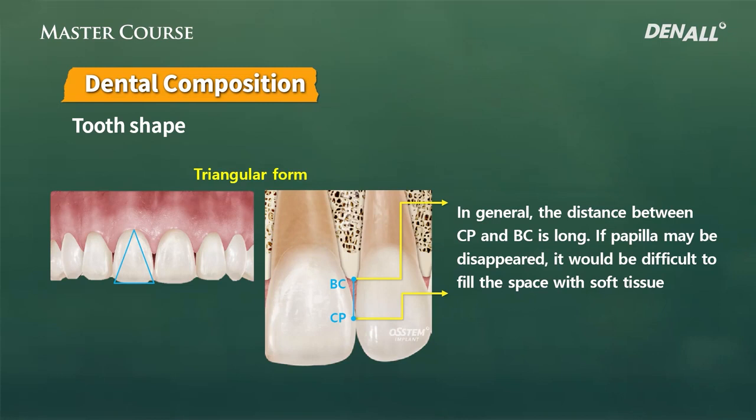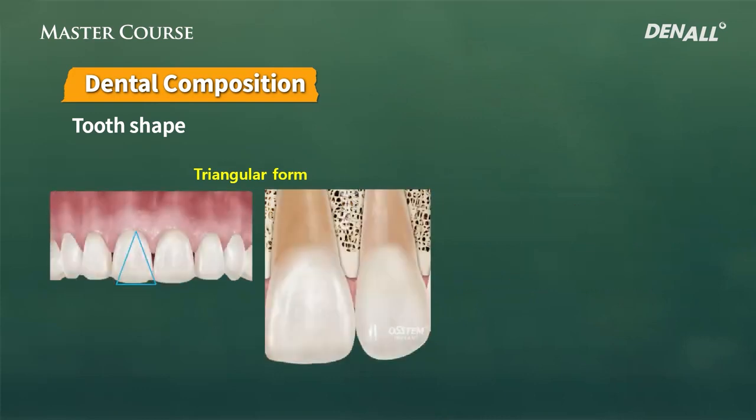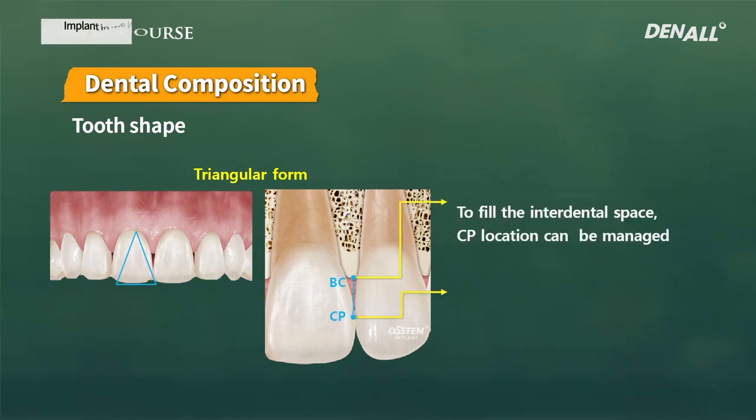So for the triangular shape of teeth, in terms of the relation between the teeth and gingiva, it is important to prevent perio disease. In this case, the contact point can be managed to be brought up or down using prosthodontic technique so that the embrasure part below the contact point, the interdental papilla area, can be filled.